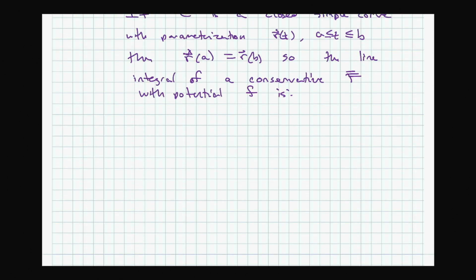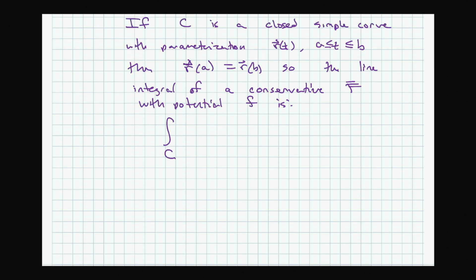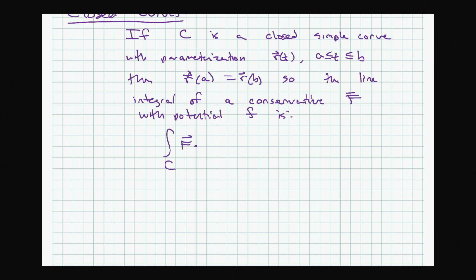is, so if you do the integral over a closed curve of the capital F dot dr, right? We know that the fundamental theorem says now that this is going to be the little f evaluated between R of A and R of B. But those are the same, because you're going to get f of R of B minus f of R of A, but these are going to be the same because this and this are the same.